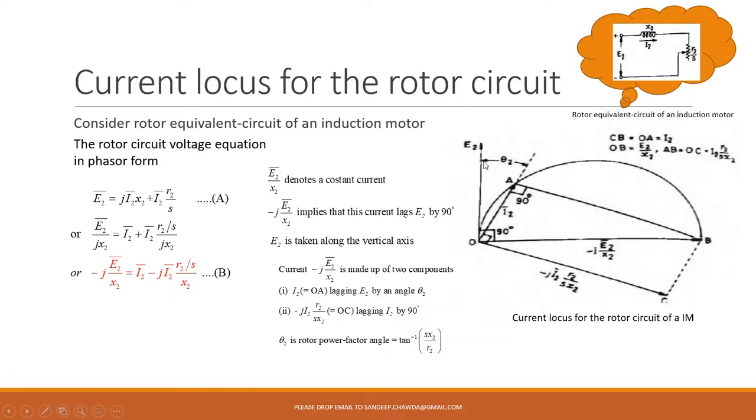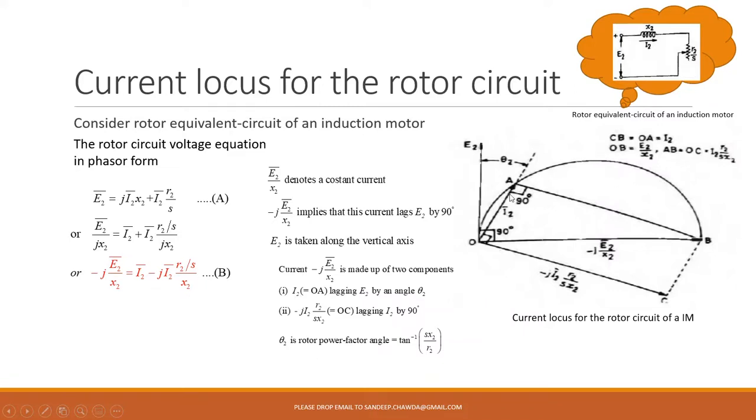Now this I2 is with us. The first term, minus j E2 by x2, is a current which is lagging E2 by 90 degrees. So that is drawn here. And the component given by minus j I2 R2 by S x2 is a current component lagging I2 by 90 degrees.